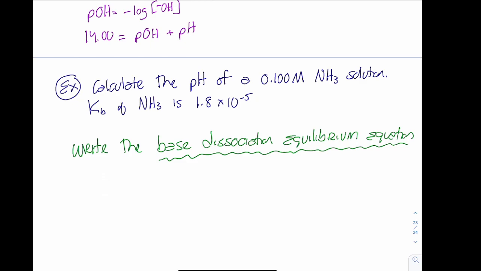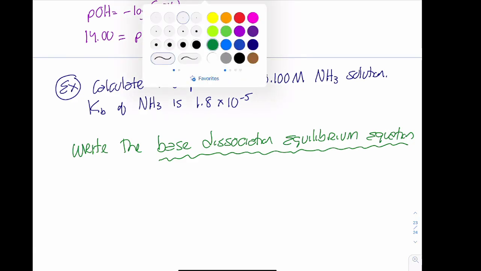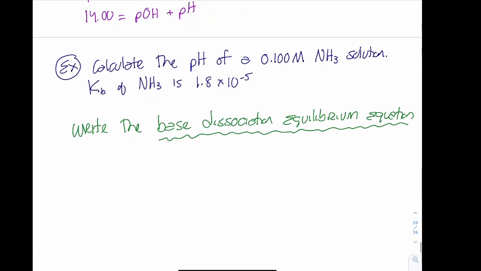Our base dissociation equilibrium equation is going to be the reaction of our base plus water. So my base in this case is ammonia. I'm going to react it with water, which is a pure liquid. And then remember, bases are going to accept a proton. So NH3 is going to become NH4 plus, so ammonium ions.